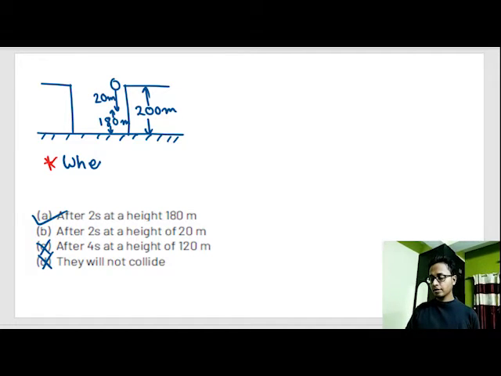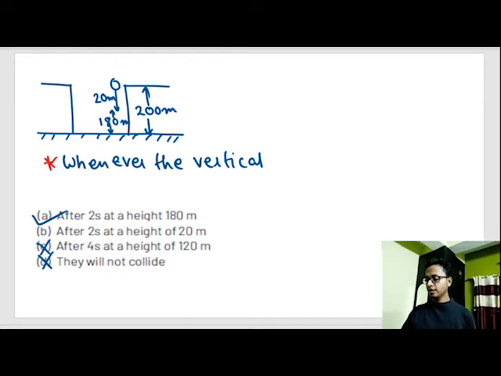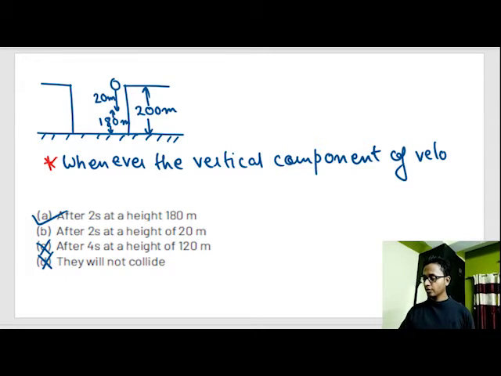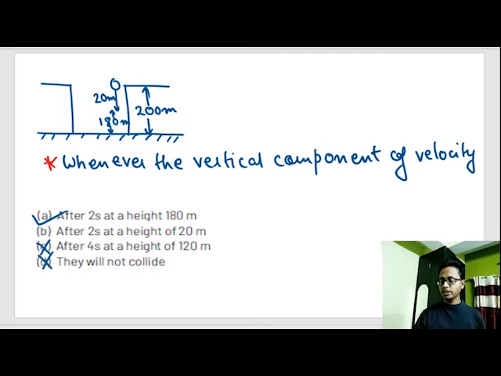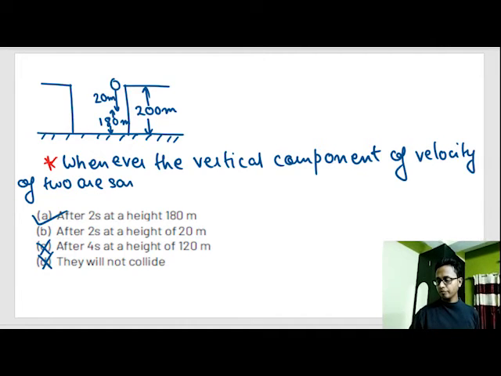Whenever the vertical component of velocity of two or more projectiles are the same, the vertical separation between them will remain the same.